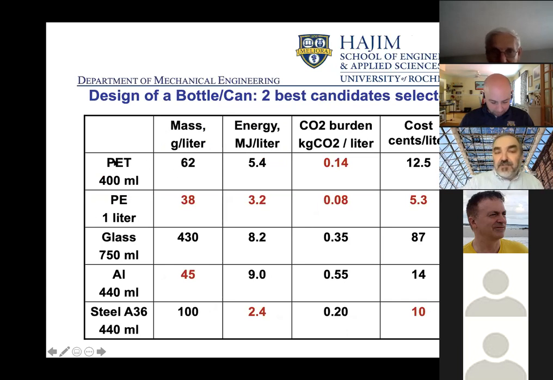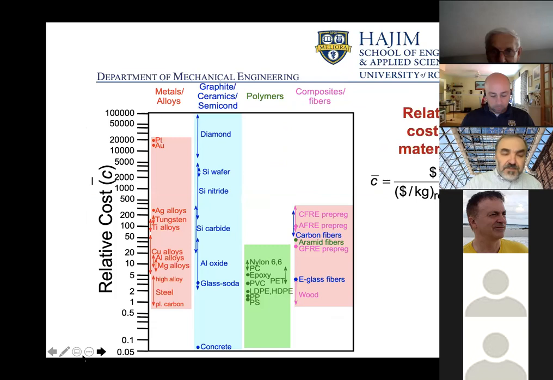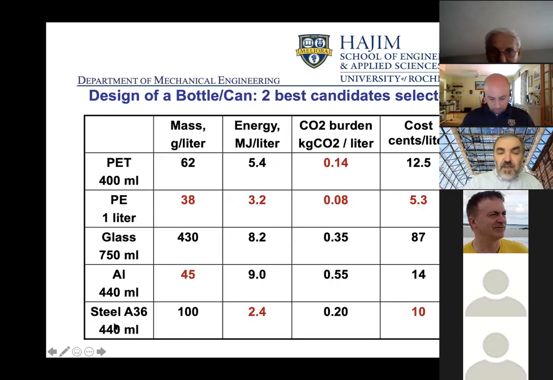So again, PET, this is the white plastic, polyethylene, glass, aluminum. Glass and aluminum. And also I've included here as a material a container made out of steel. And you see from here that depending on the different materials, I have listed here in red the best choices depending on what your point of view actually is.